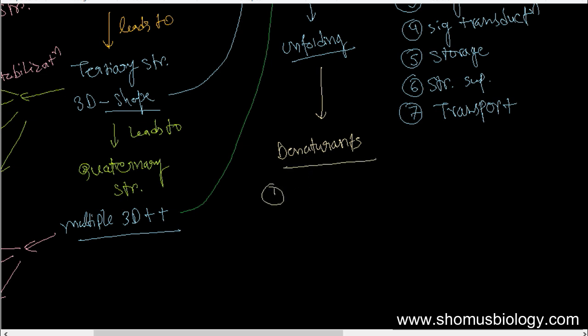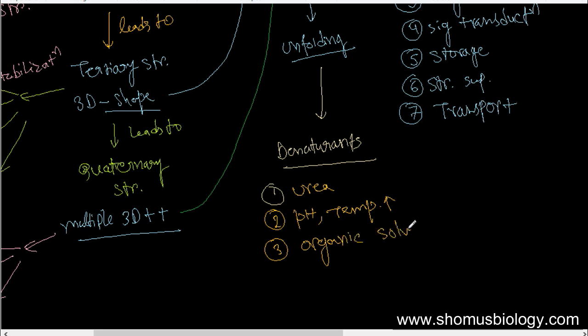Let me put it in here for you. The examples of denaturants here: urea. Second one, change in pH, change in temperature, very high temperature, high pH, those things. And also some kinds of organic solvents can destroy the protein structure or denature it.